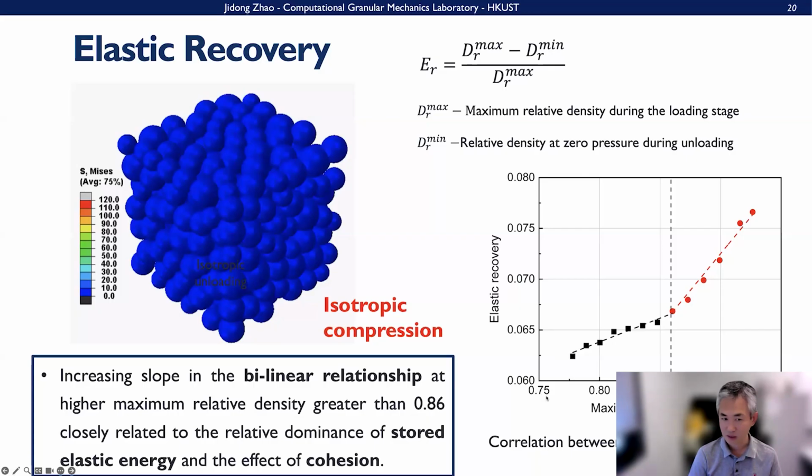So this change of slope is the so-called bilinear relationship in our simulations, okay? And this density is around 0.86, okay?